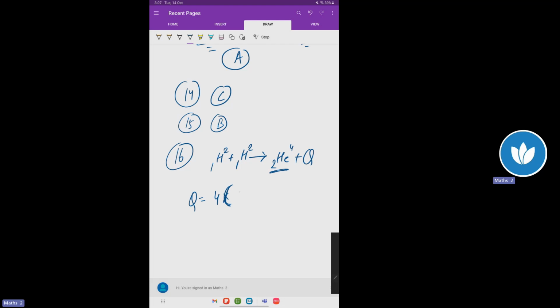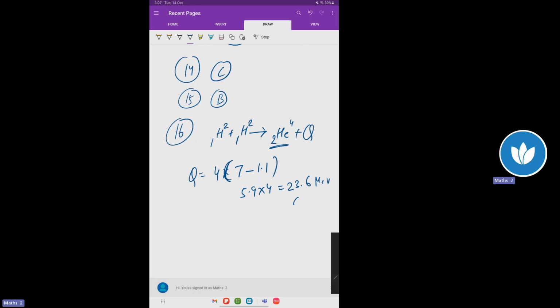Helium binding energy is 7, and on this side the binding energy of hydrogen is 1.1. This is 5.9 into 4, 23.6 mega electron volt. Option C.